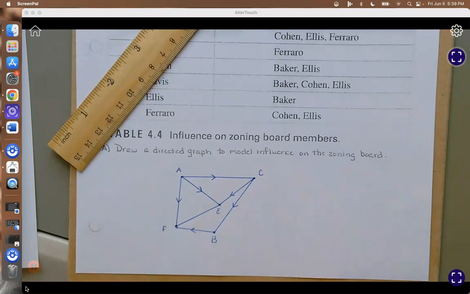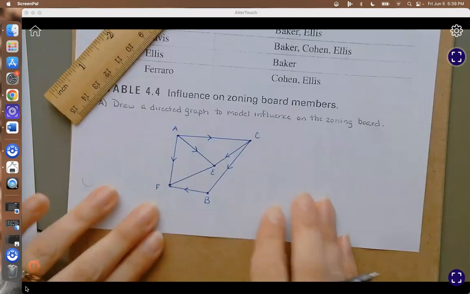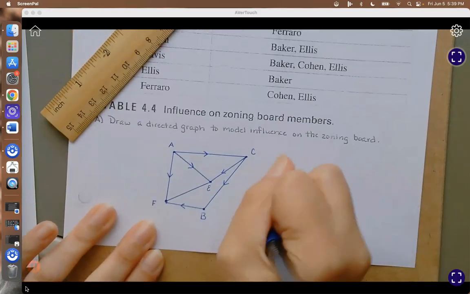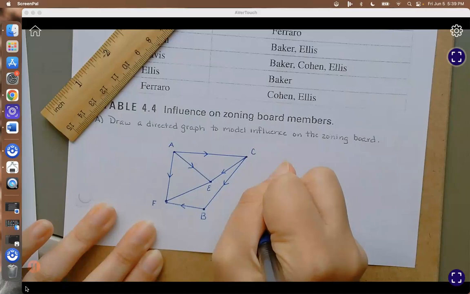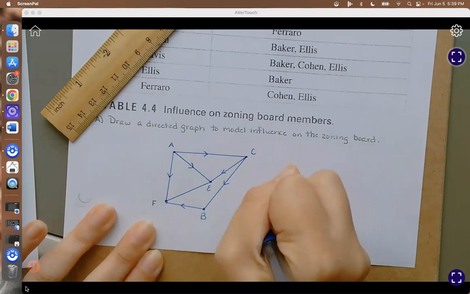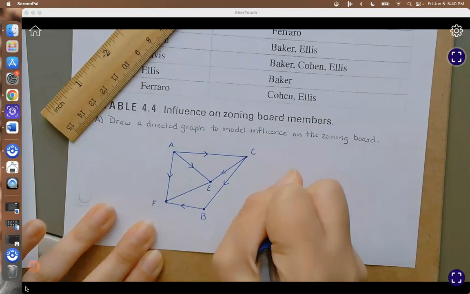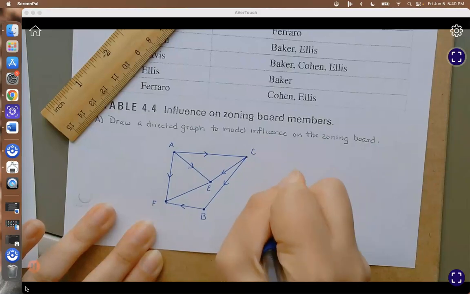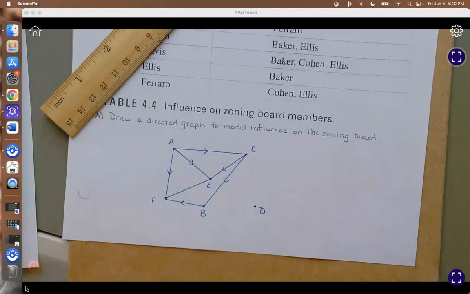Okay, Davis has influence, and we'll stick Davis right here.